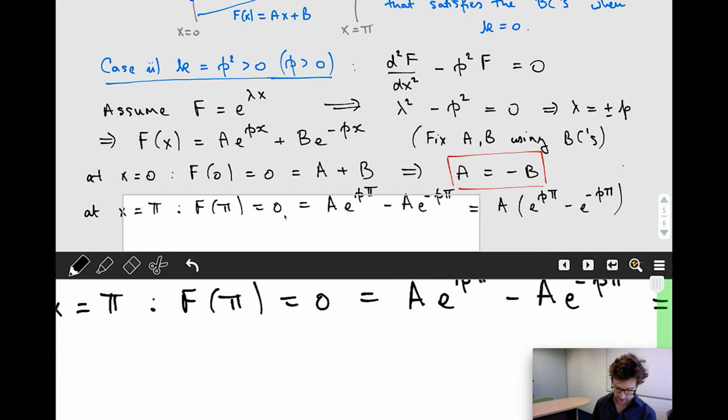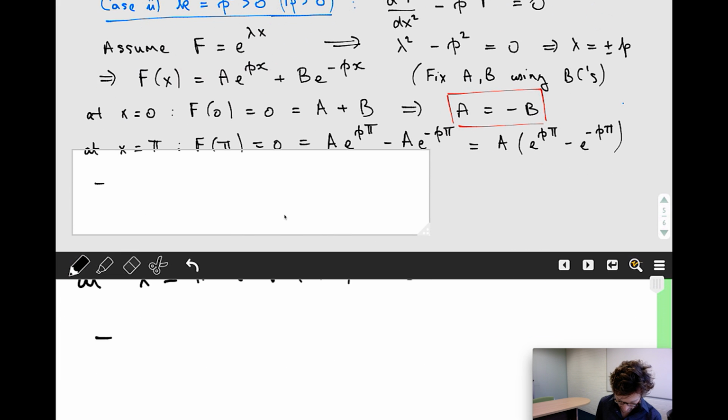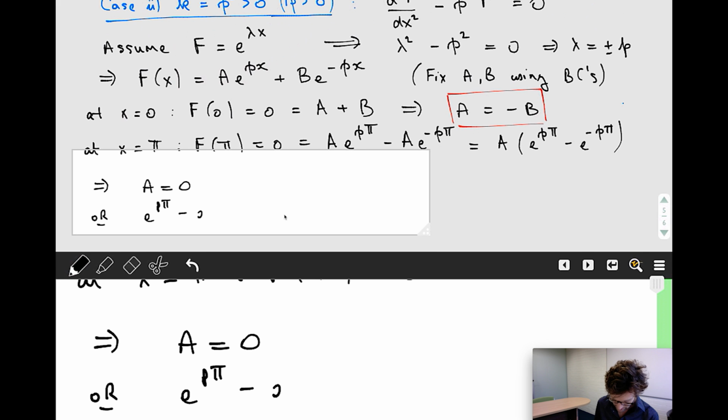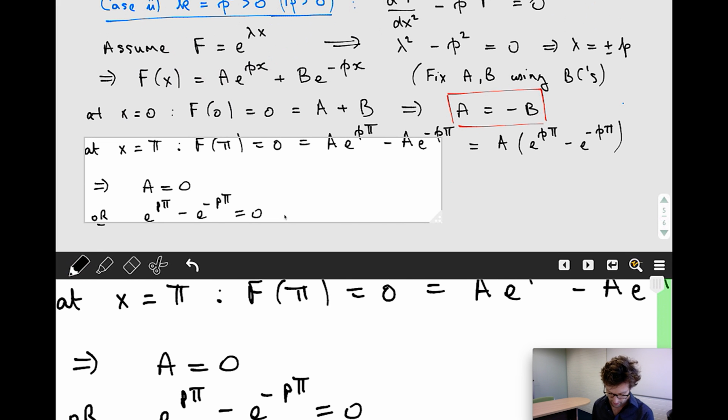So I know that this implies either a is equal to 0 or e to the p pi minus e to the minus p pi is equal to 0. So let's consider the first possibility. A is equal to 0.